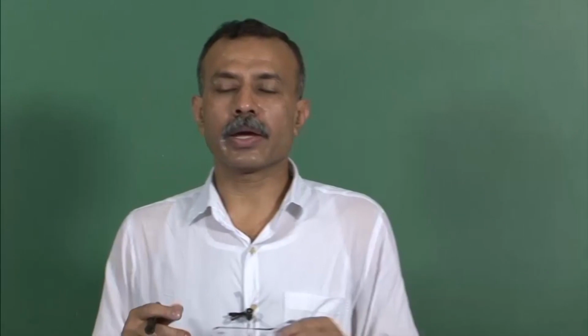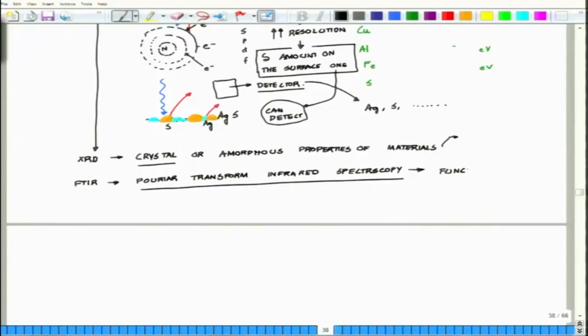It gives you an idea of, say for example, what different kinds of functional groups are present on your sample. Say you are increasing the hydrophilicity of the particle; what kinds of functional groups are present, and all these details you can obtain using Fourier transform infrared spectroscopy. This is the power of the technique.